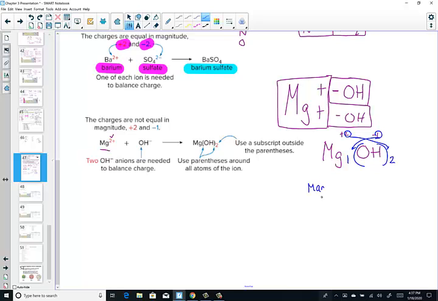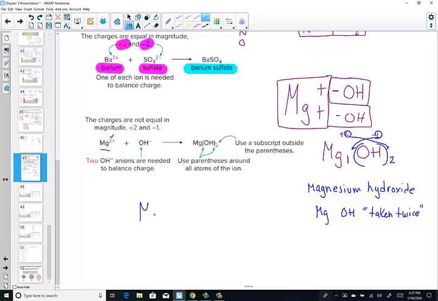We read that by saying magnesium hydroxide. And we would say Mg, and then you say OH, and then you would say taken twice to represent that there's a subscript of 2 outside the parenthesis.